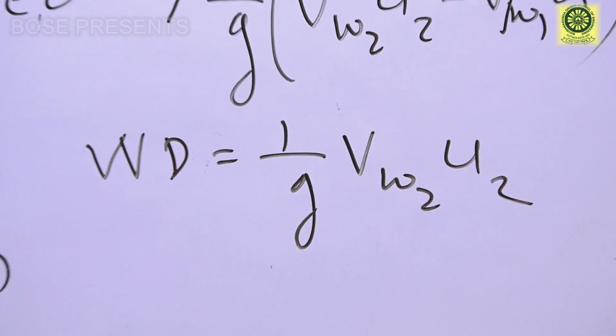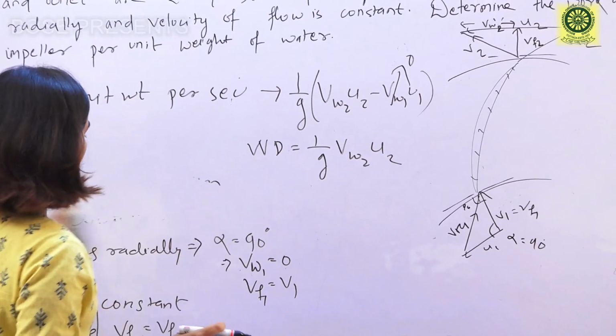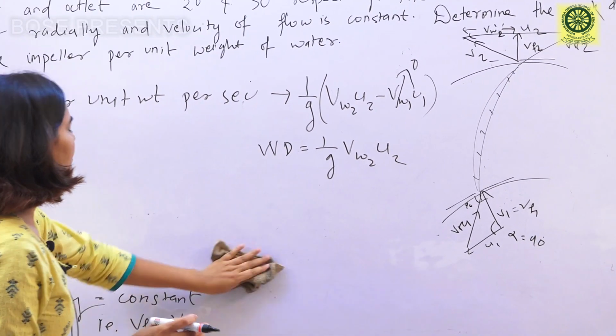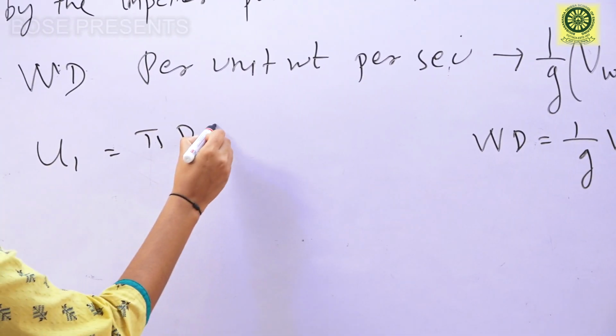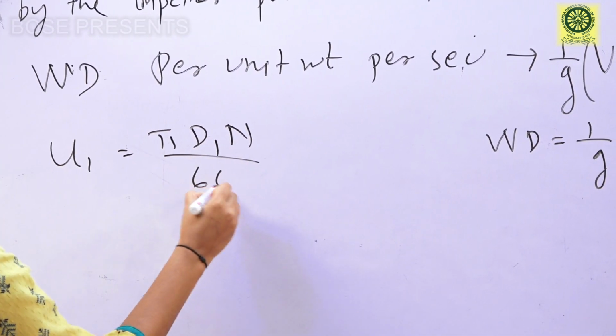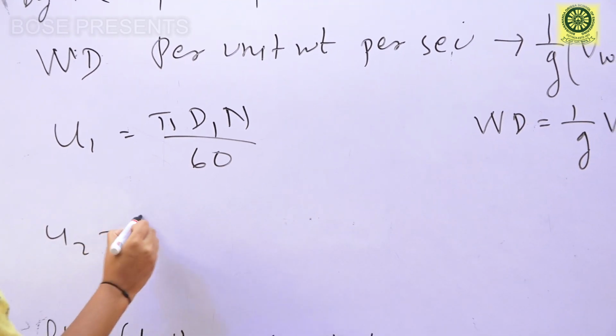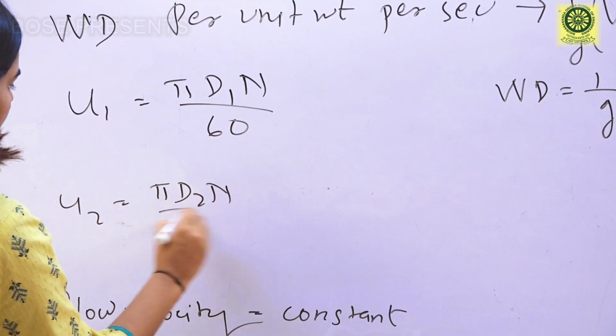So firstly, U1 and U2 we can directly find out from the formula, which is U1 equals pi d1 N by 60 and U2 will be pi d2 N by 60.